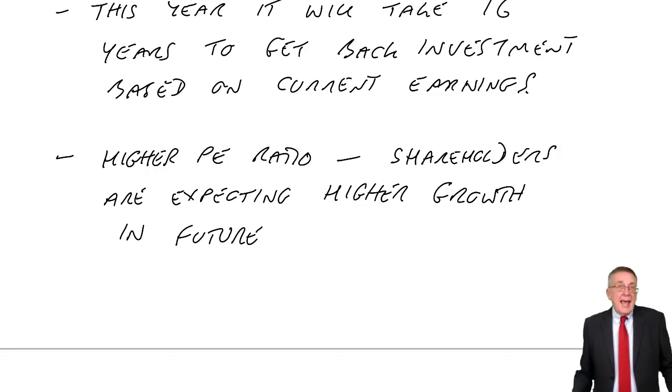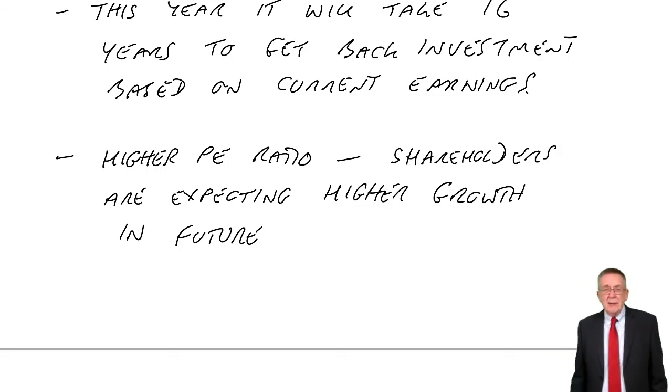You know, I remember companies like Amazon, you know, that sells books, they had a PE ratio of 2,000, in years gone by.